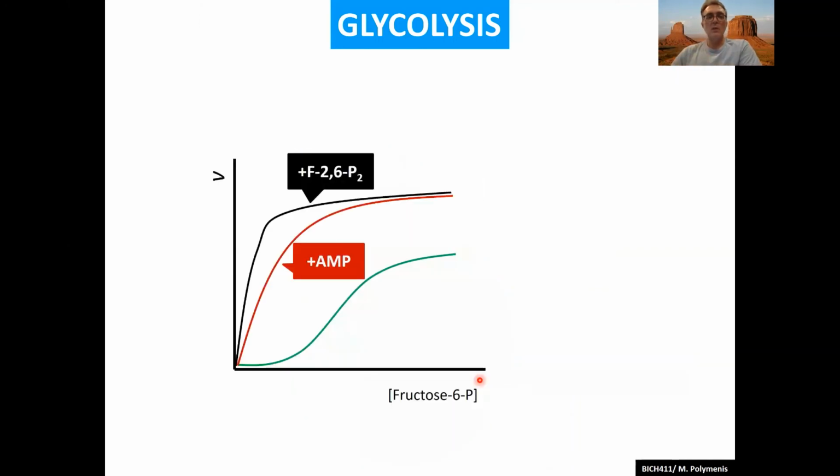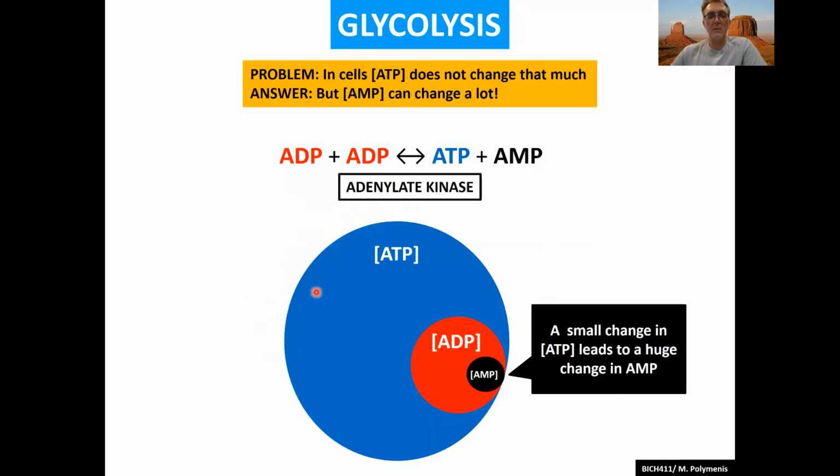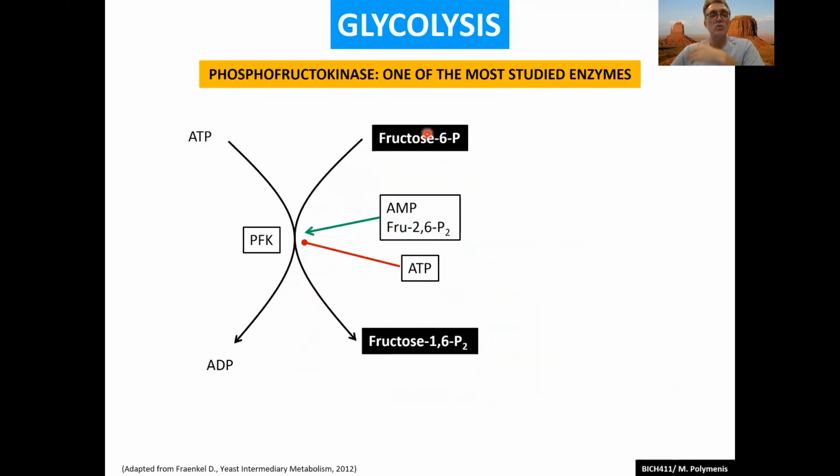And the way to go make the ATP is to really help PFK, phosphofructokinase. AMP is a positive effector and will drive the reaction forward to make fructose 1,6-bisphosphate. So it's a key control point.